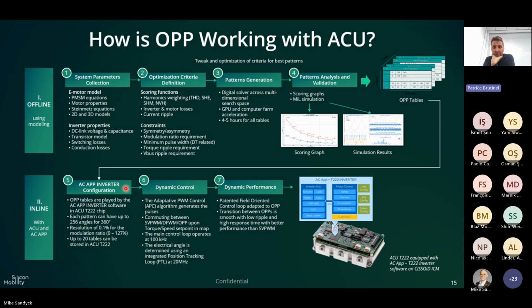We can input the tables, so we flash the pattern tables into the device. And afterwards, the control will dynamically switch and select the patterns, the modulation techniques to be applied, as a function of the torque speed map area.